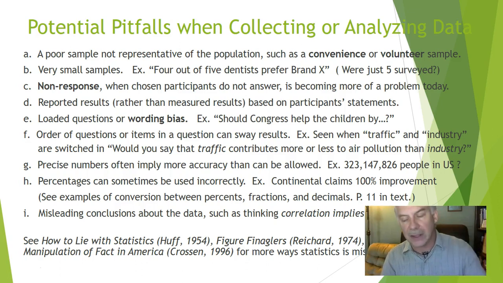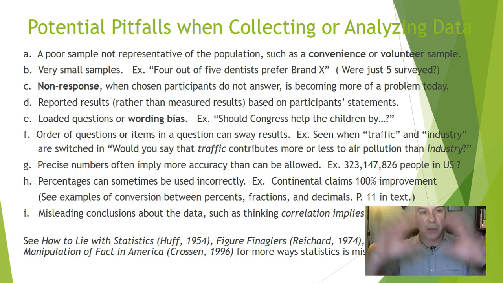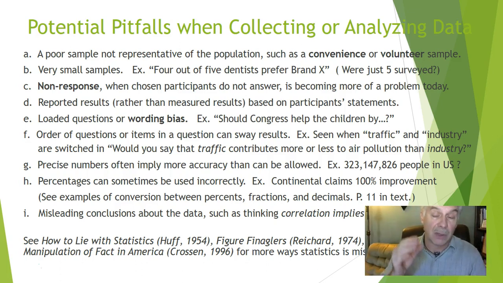That's a convenience sample, and those people who are there at that time probably don't represent a wider population of people. Or a volunteer sample. In the days of the internet, you can post some question on some site and people will respond, but it's called a volunteer sample because they're totally deciding whether they're going to be selected in your sample or not.